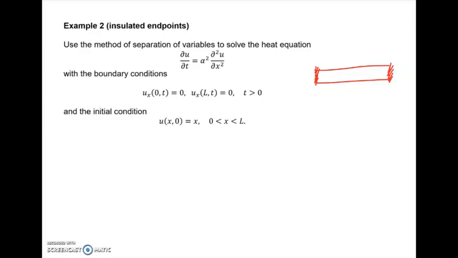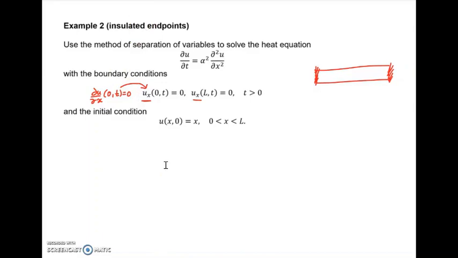Mathematically, it is shown by the derivative here. u subscript x simply means del u del x. So at the left, at x equal to 0, u_x(0,t) is 0. Mathematically, the insulated endpoints are given by del u del x, meaning the rate of change of the temperature with respect to your location, your spatial coordinate.